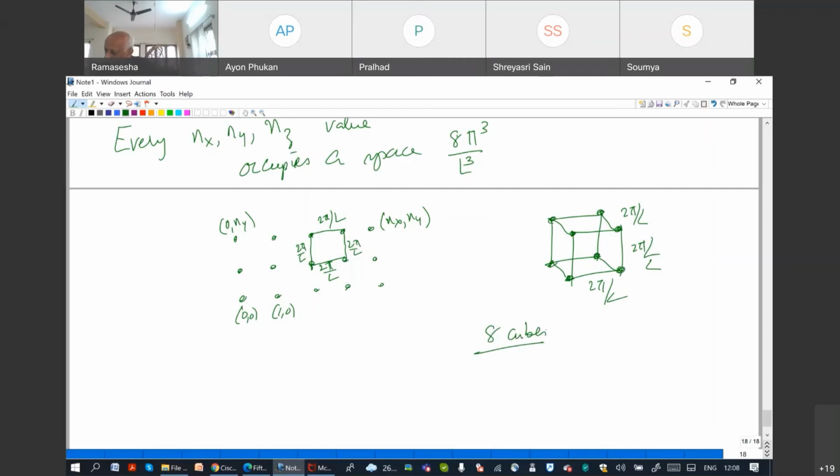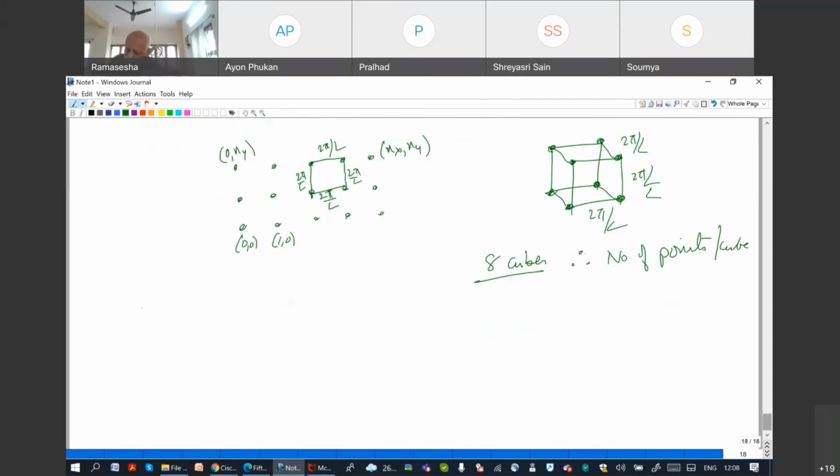So the number of points per cube is 1. Exactly the same thing. So the allowed values of nx, ny, nz per volume 8 pi cubed by L cubed is 1.